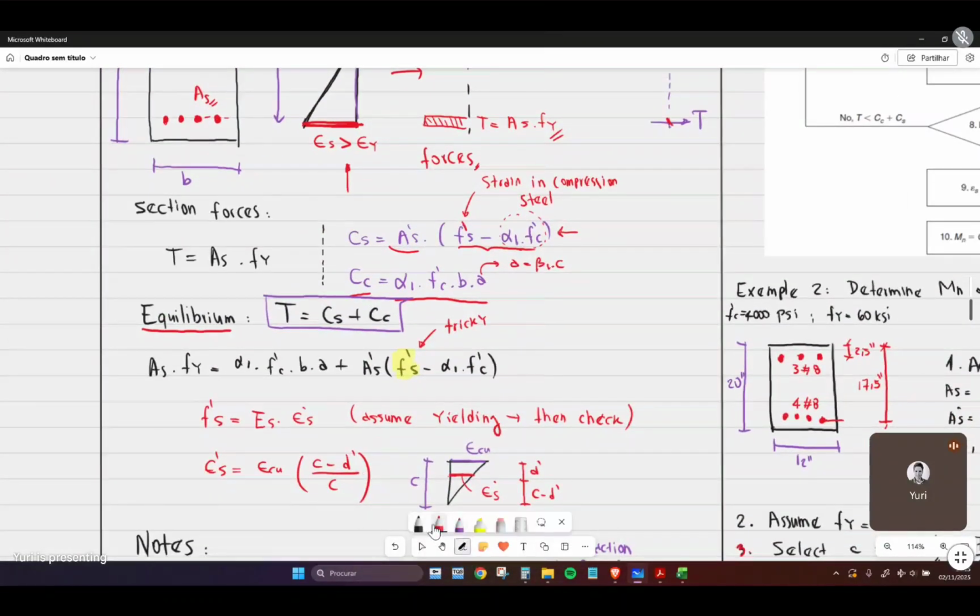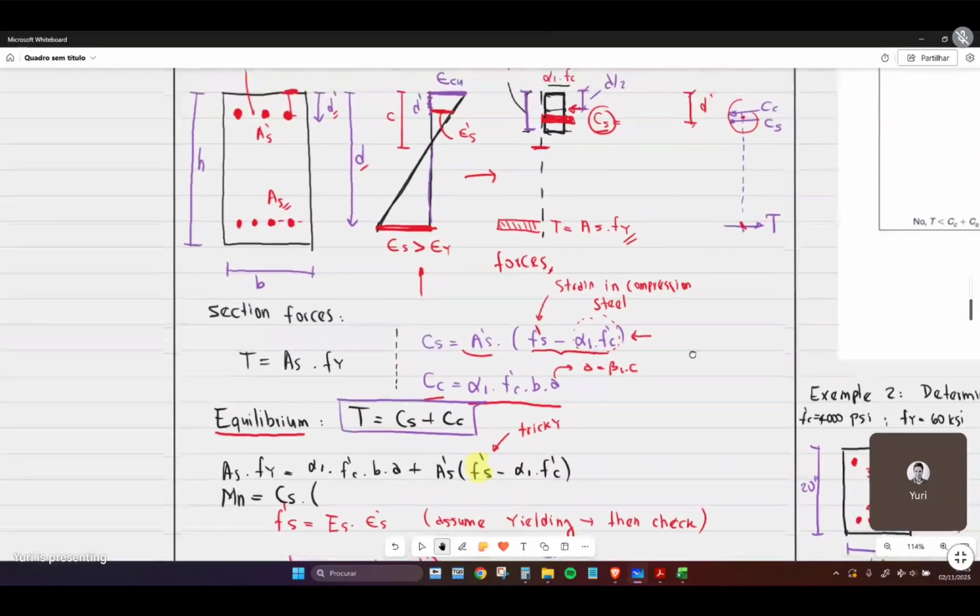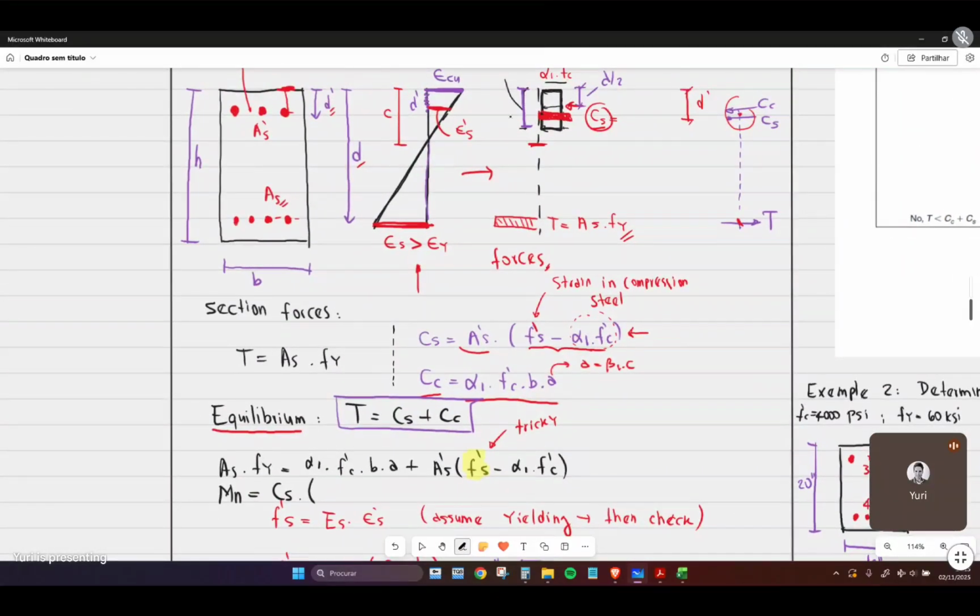The resisting moment now is going to be the force Cs times its distance to the force T, right here. Okay, so Cs is this distance here to here.